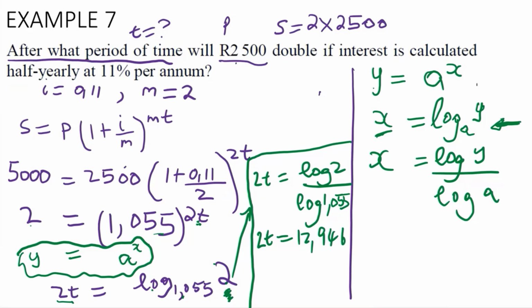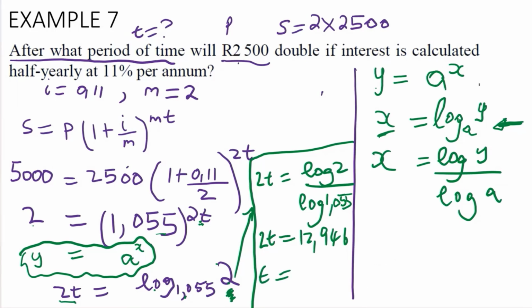Okay, and then you divide both sides by 2. So your t is just going to be equal to, you divide this by 2, 6.47. Okay, that is the time that you are looking for.